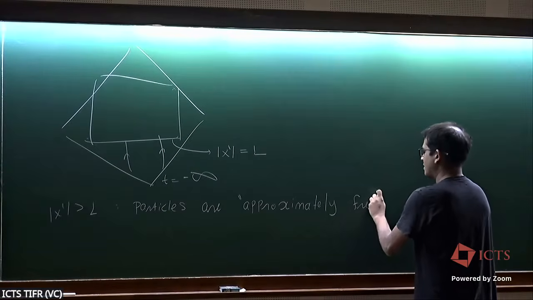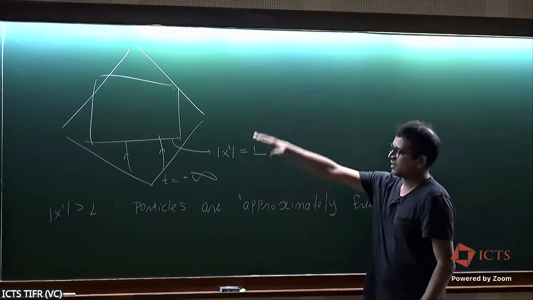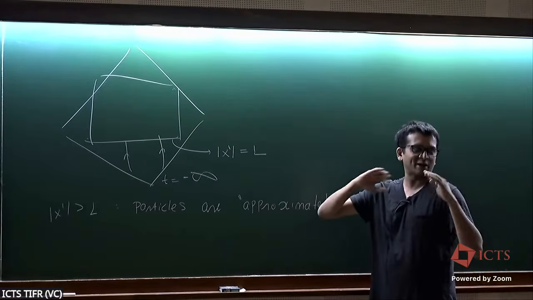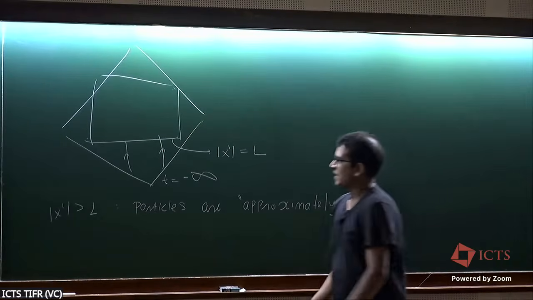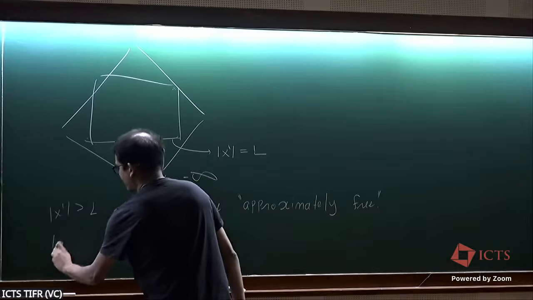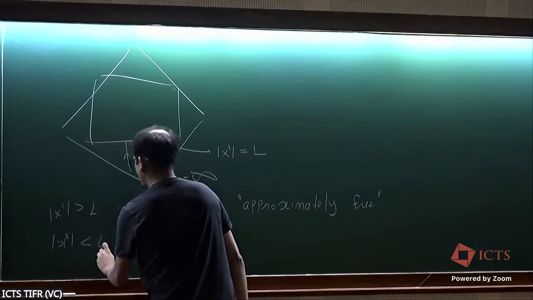But in such a way that if you take L larger and larger, they become freer and freer. That was our crucial assumption. And inside, for mod x prime less than L, we have no clue.